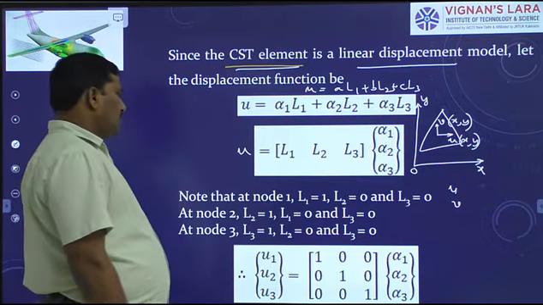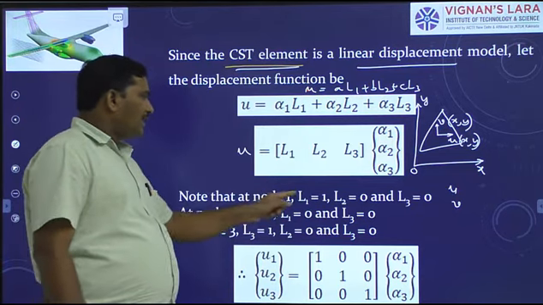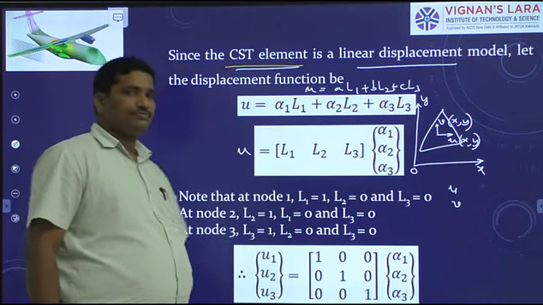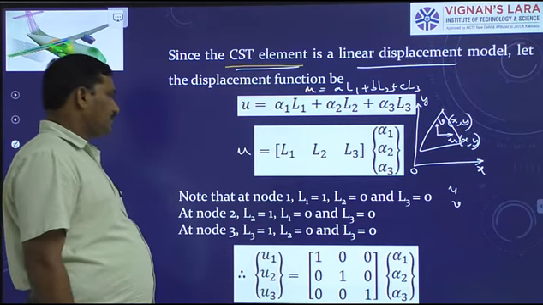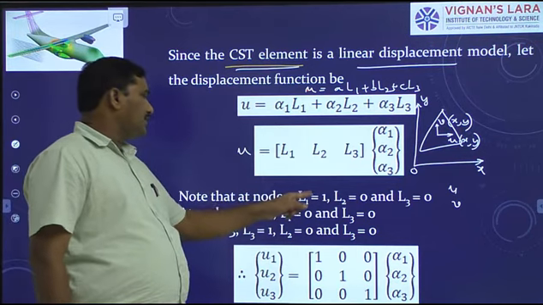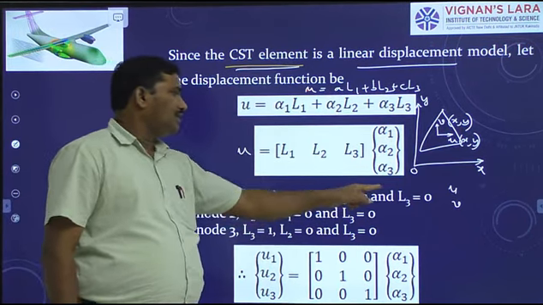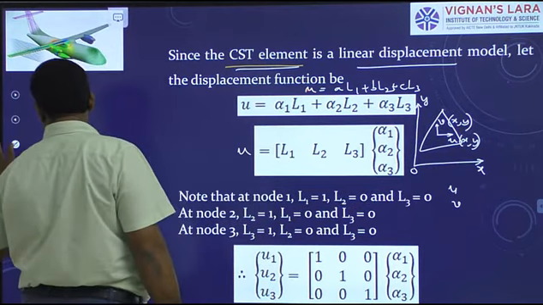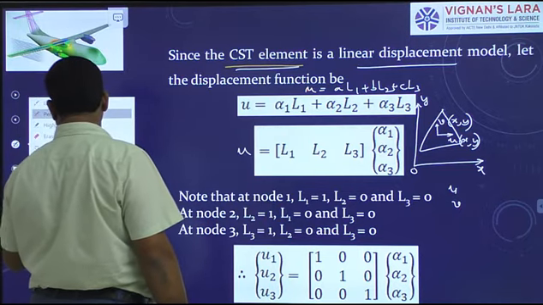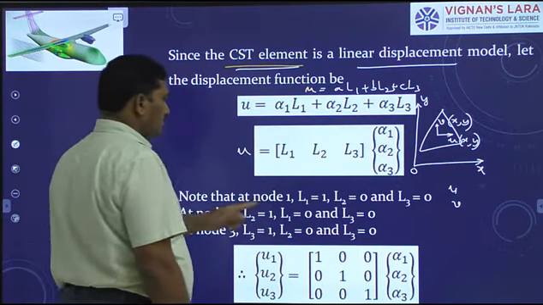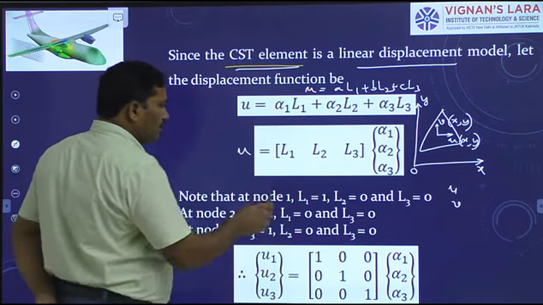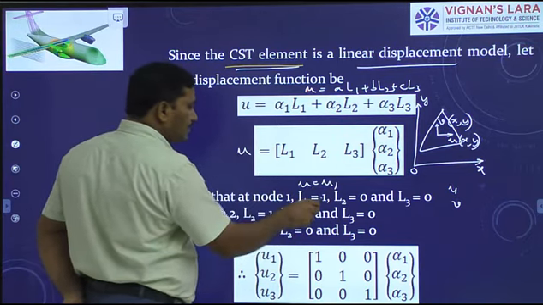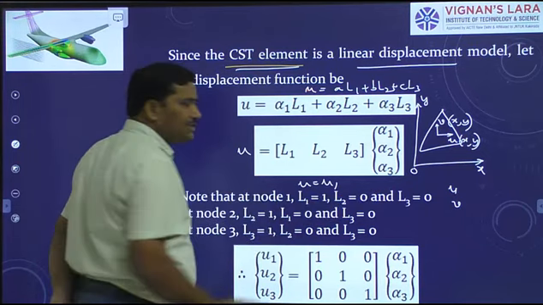Now I have to determine alpha 1, alpha 2 and alpha 3. At node 1, we know that L1 is unity, L2 is 0 and L3 is 0. Therefore, at node 1, with these conditions, what can you write? u equals u1, L1 equals 1, L2 is 0 and L3 is 0.